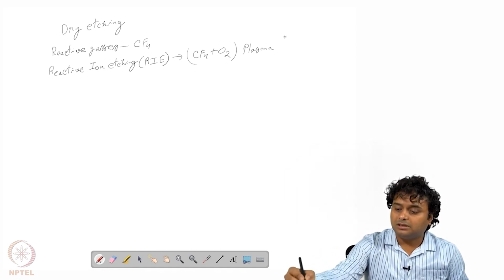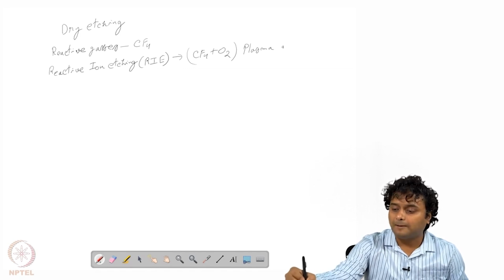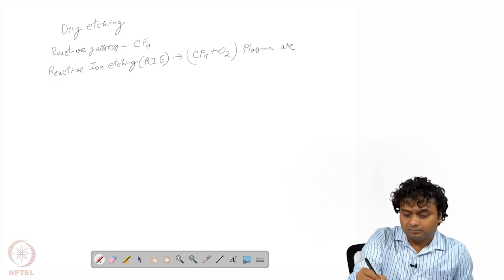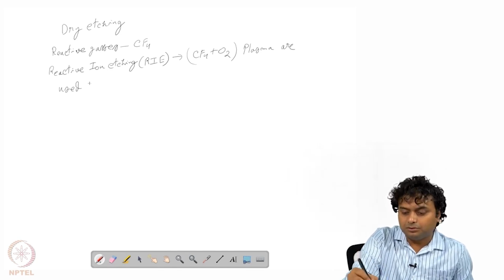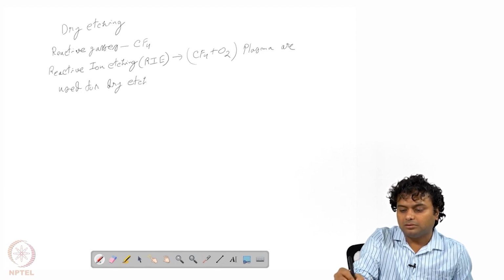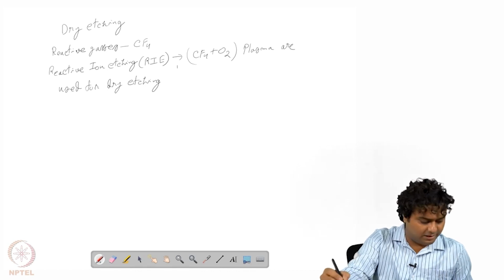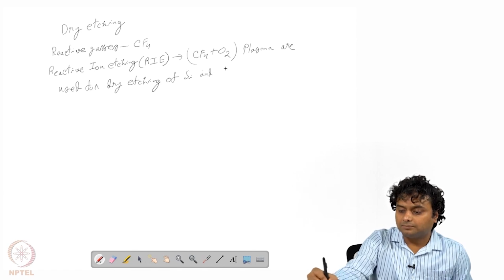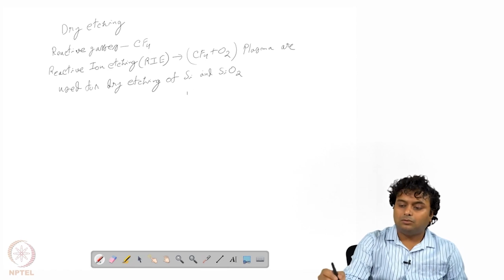So the CF4 plus oxygen plasma is used for dry etching of silicon and SiO2.